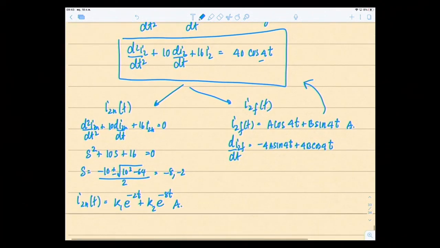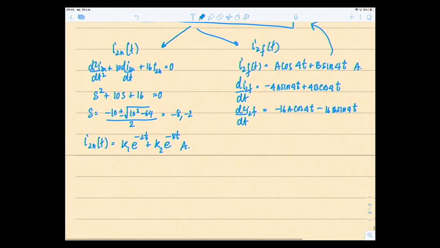You have to use the chain rule to do that. Differentiate again and it becomes -16a cos 4t - 16b sin 4t, and you substitute it back.